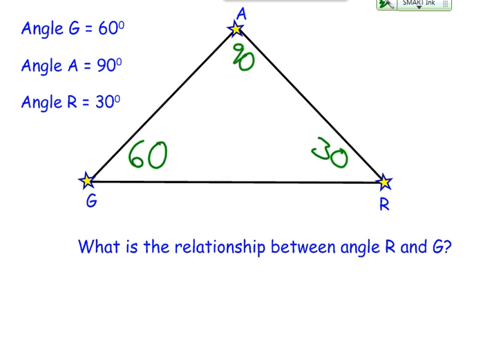As we look at this, it says what is the relationship between R and G? G and R are next to each other. They work together, sharing this line right here. So if I add 60 plus 30, I get 90, which of course would mean that these angles are complementary.